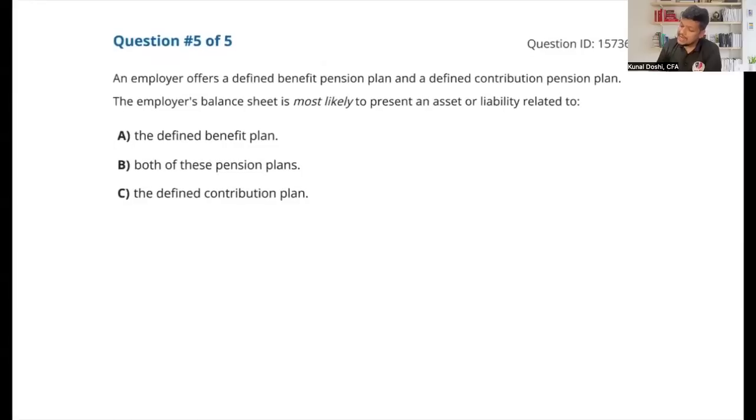Okay. Next, an employer offers a defined benefit pension plan and a defined contribution pension plan. The employer's balance sheet is most likely to present an asset or liability with DB or DC or both. See, asset or liability will only come in the form of DB plan, defined benefit.